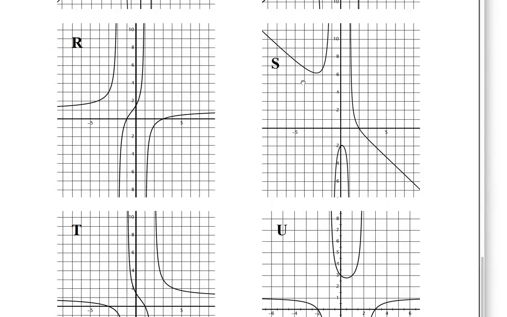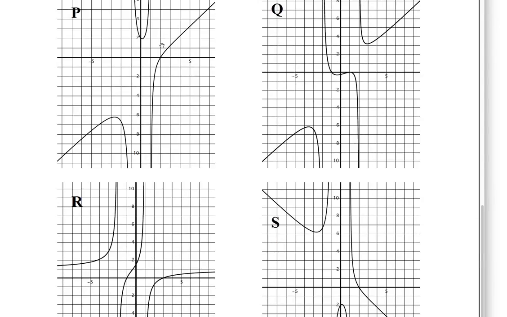So this graph, P, has vertical asymptotes at -1 and +1, and it has a slant asymptote. So it's a possibility. This one has a slant asymptote, and it has vertical asymptotes at -1 and +2, so it's out.